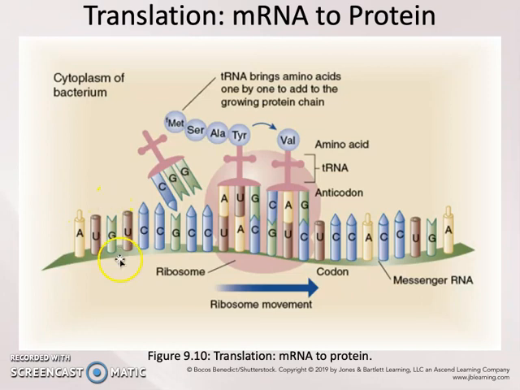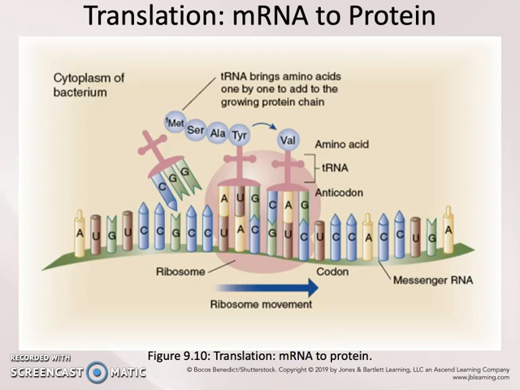So it moves to the next codon, UCC, which translates to serine, the next codon, GCC, which translates to alanine, and so on. And it'll move down the mRNA molecule 3 nucleotides at a time, or 1 codon at a time. And in doing so, we'll know which amino acid to place in the extending chain.